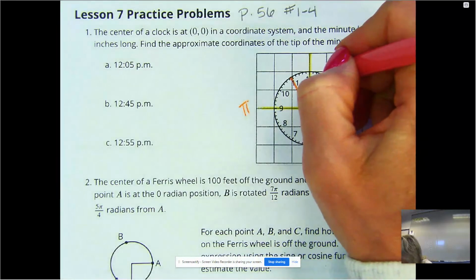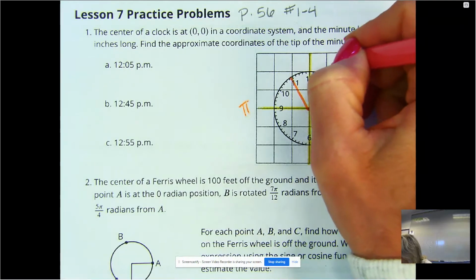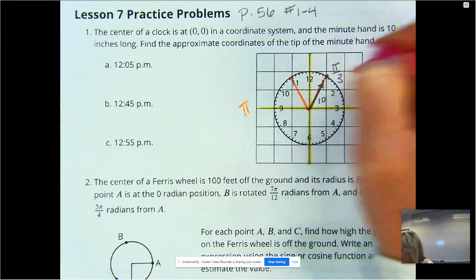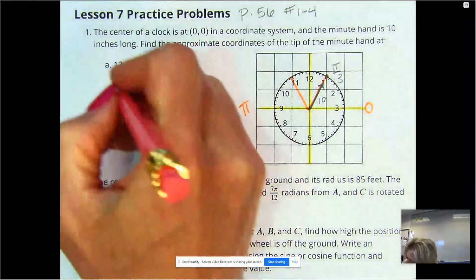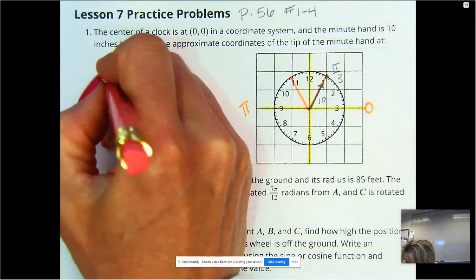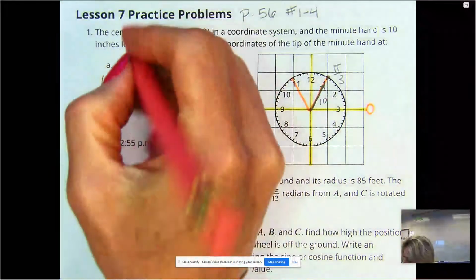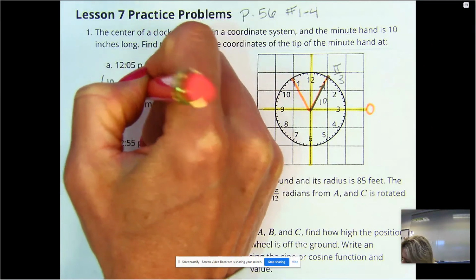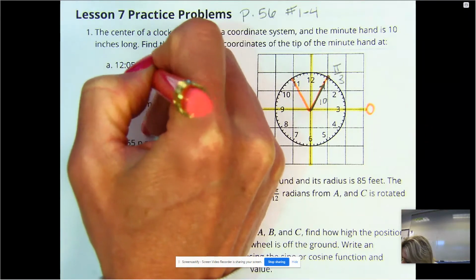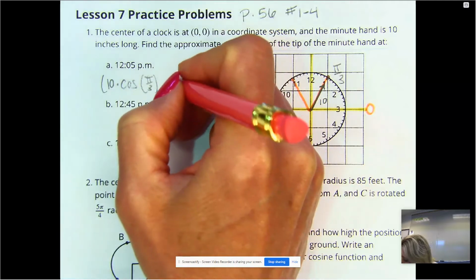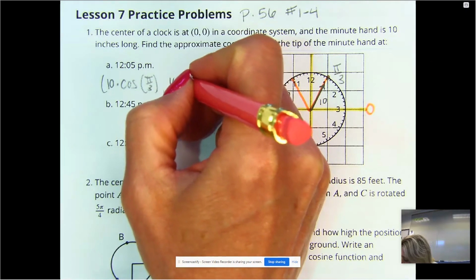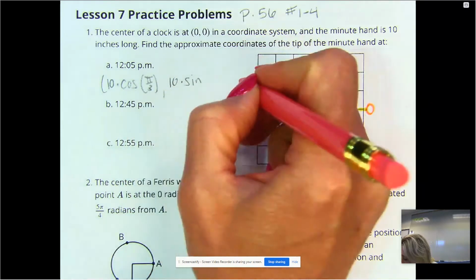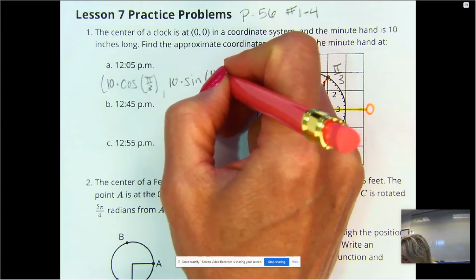So that means this angle right here is pi over 3. So the x coordinate would be 10, because the minute hand is 10 inches, times the cosine of pi over 3. And then the y coordinate is 10 times the sine of pi over 3.